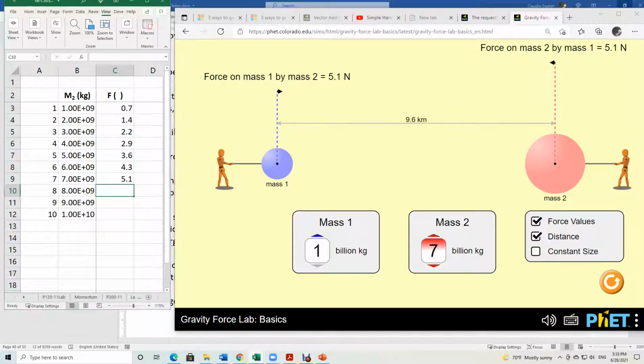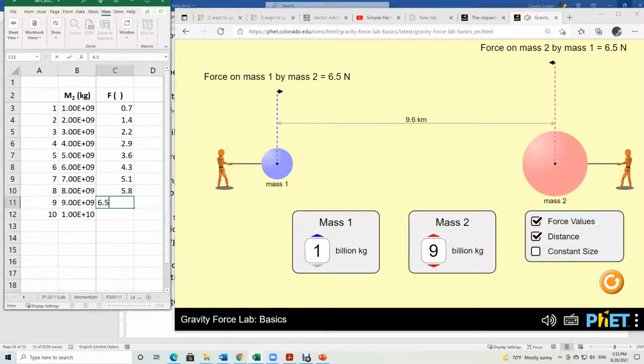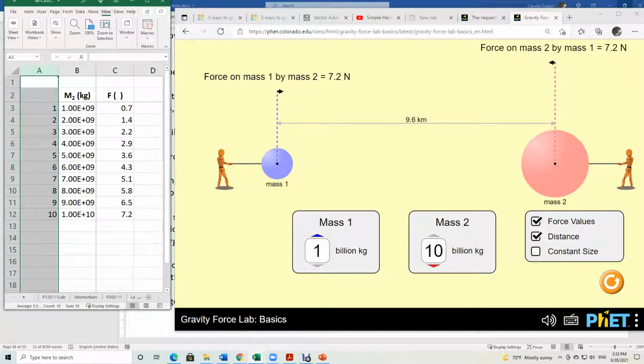Next, 8 billion, 5.8. 9 billion, 6.5. And finally, 10 billion, 7.2. Okay, so that's the little trick that I did to get things going more quickly, right? I put the 1, 2, 3, 4, 5, 6, 7, 8, 9, 10.